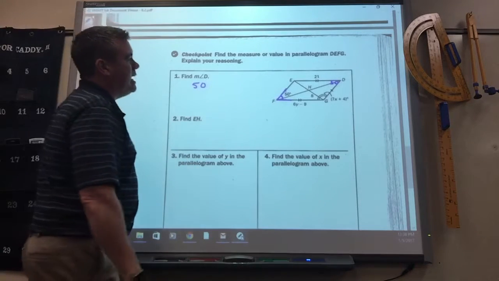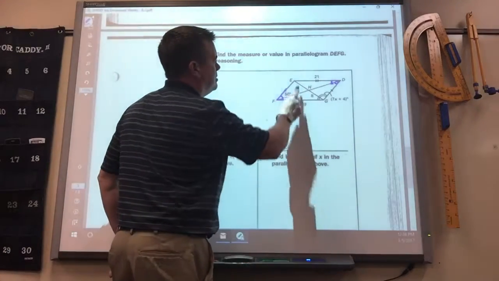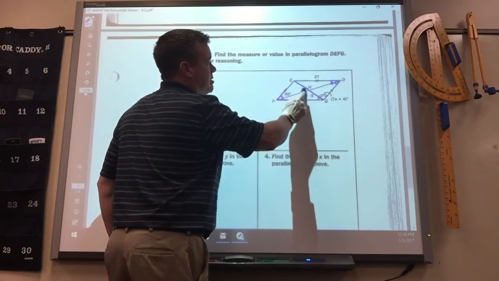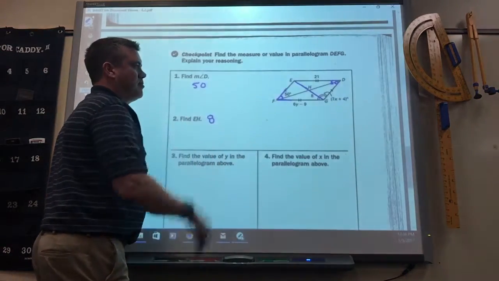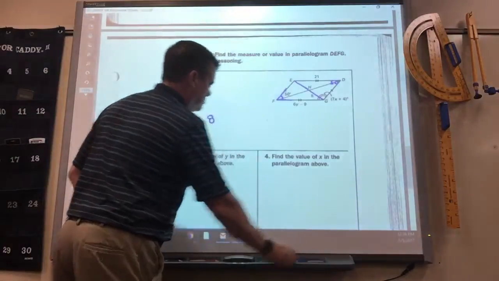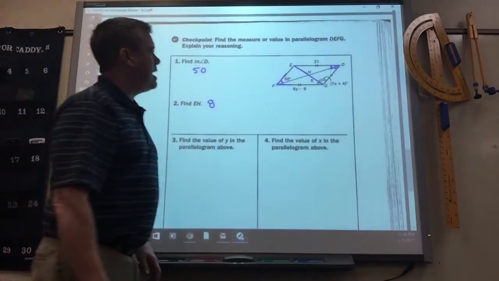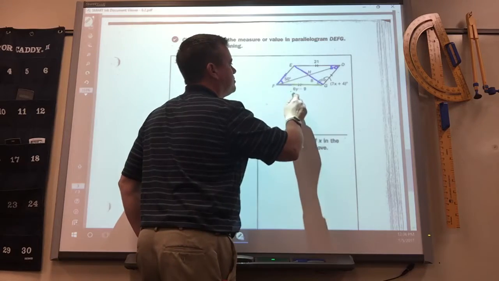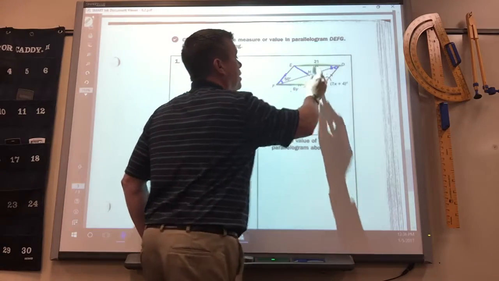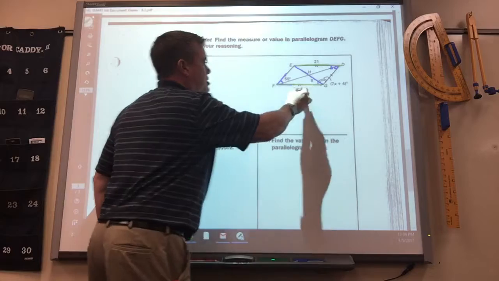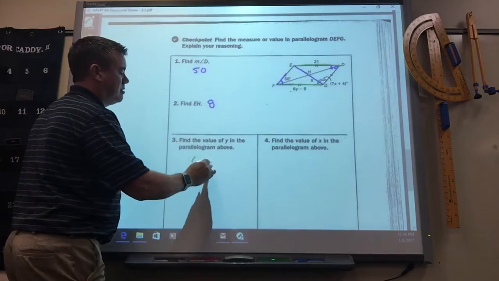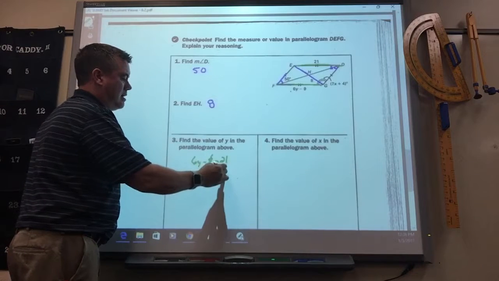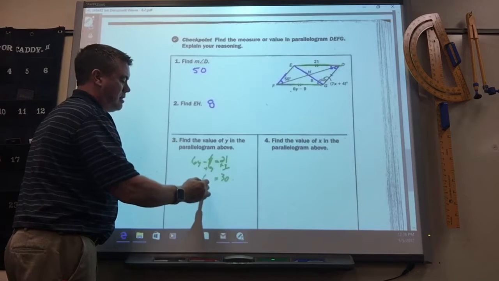To find EH is there. That other side is 8, so that's also 8. So those are the easy ones. To find the value of Y, that's the side length right here, which we know has to be 21, right? So 6Y minus 9 has to equal 21, so you just solve it. Add 9, divide by 6.